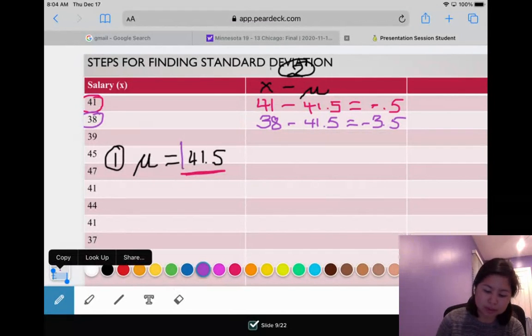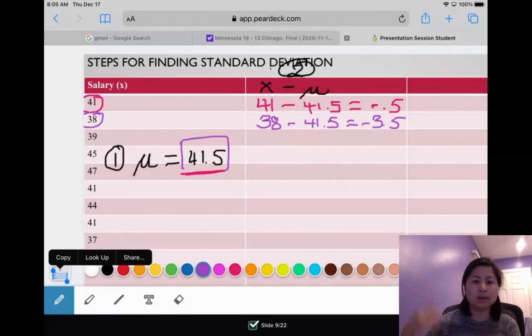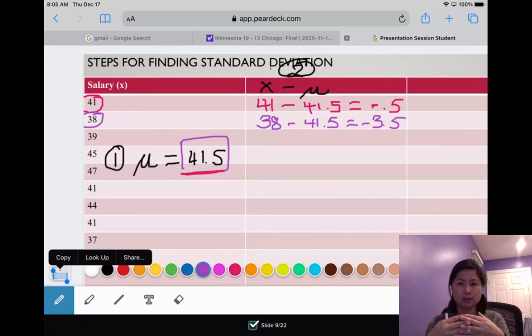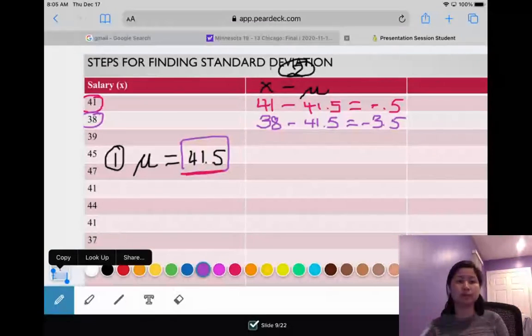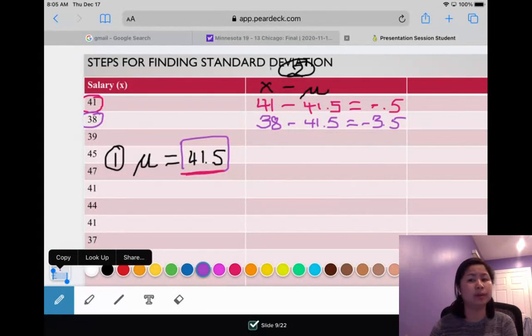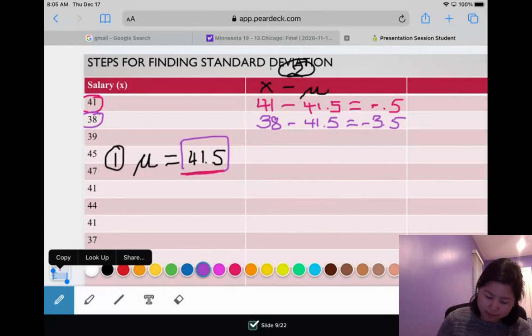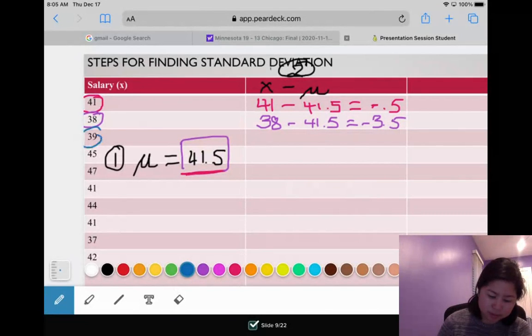How do we get the mean? We add all of these salaries together. We add 41, 38, 39, 45, add all of them. We get the total and divide by 10, because it's 10 people. That's how I get 41.5, okay? Now I'm going to do the next one, 39 minus 41.5.